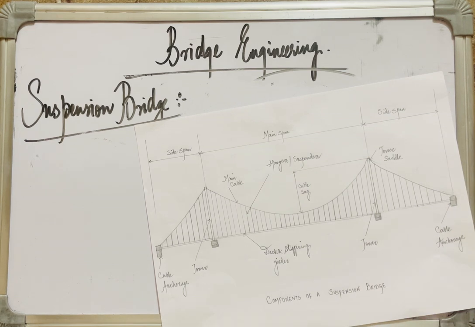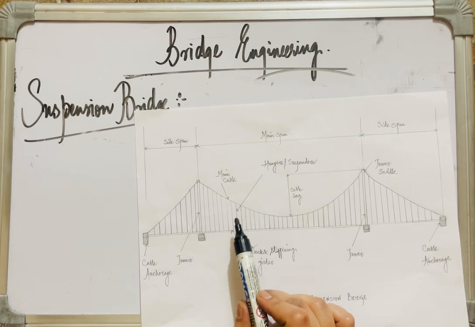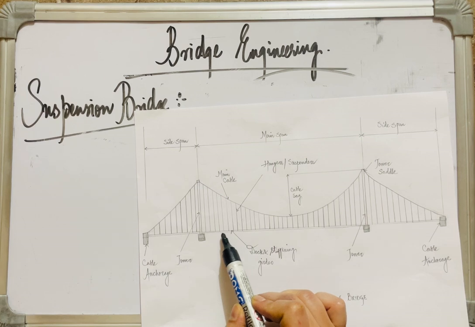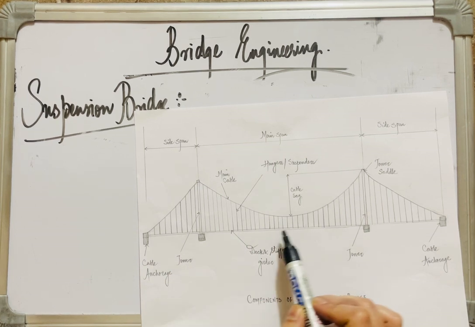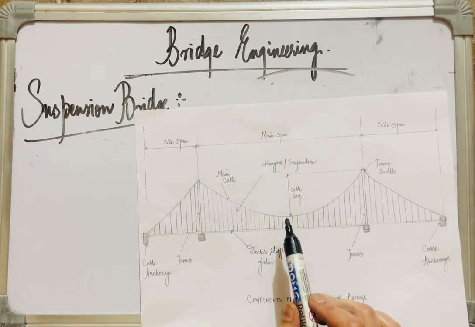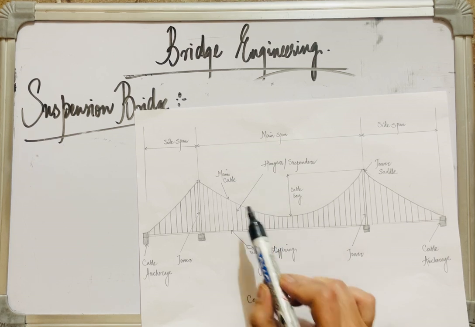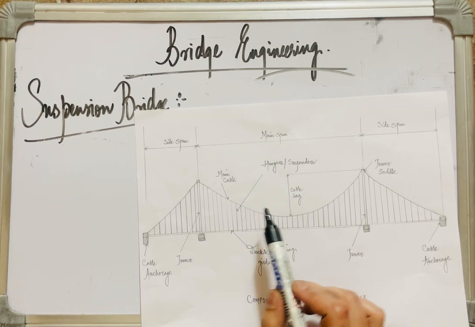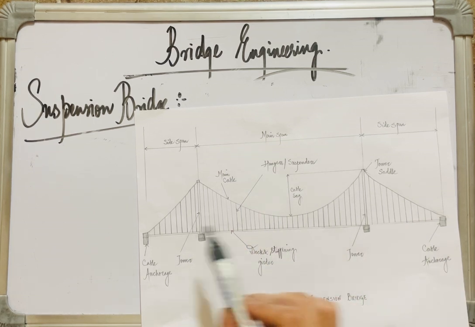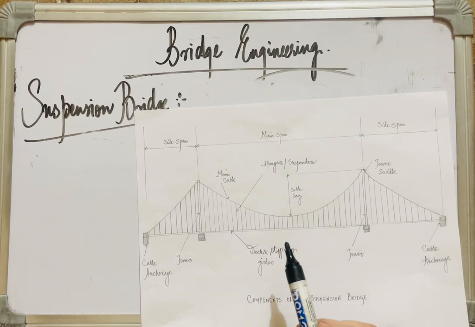The main cables carry the stiffening trusses by hangers. In addition to this, the main cables also carry the stiffening trusses by hangers. Stiffening trusses is here embedded in the bridge deck. So main cables also carry the stiffening trusses by hangers and transfer the load to the towers. And these cables normally consist of parallel wires or parallel wire ropes of high tensile steel.